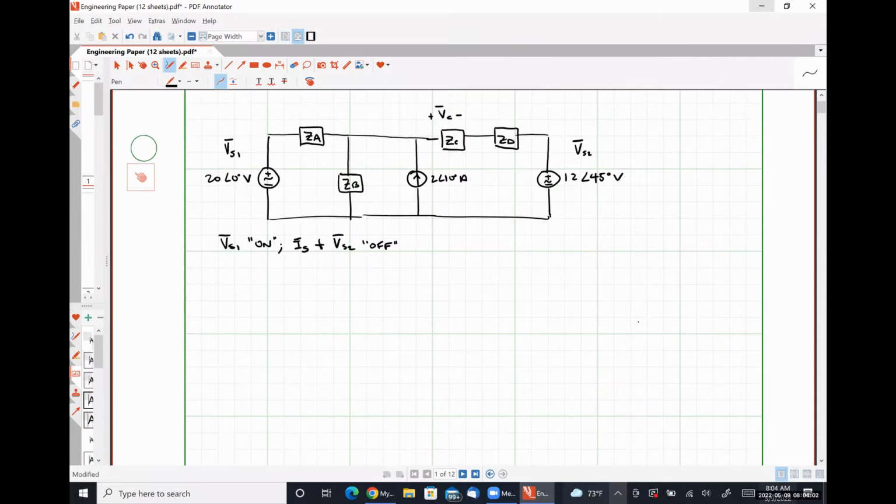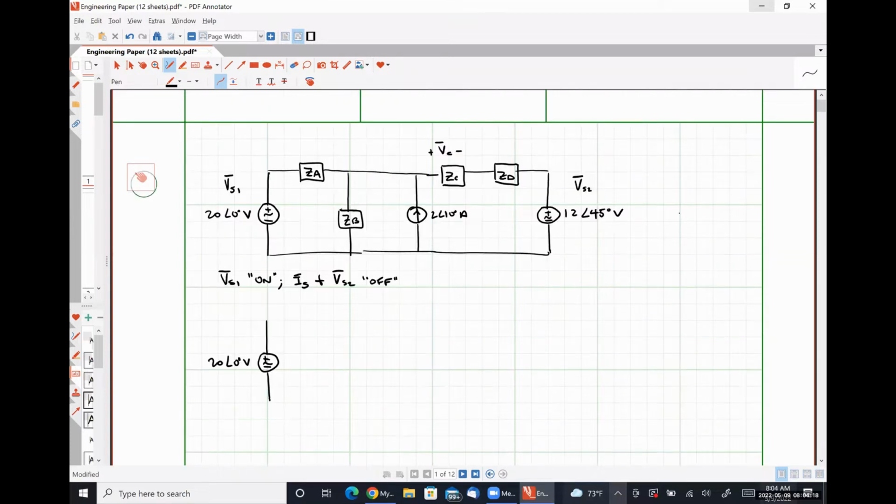So with only our left voltage source on, we're going to have something that looks like this. We'll have our 20 angle 0 degrees volt source on.